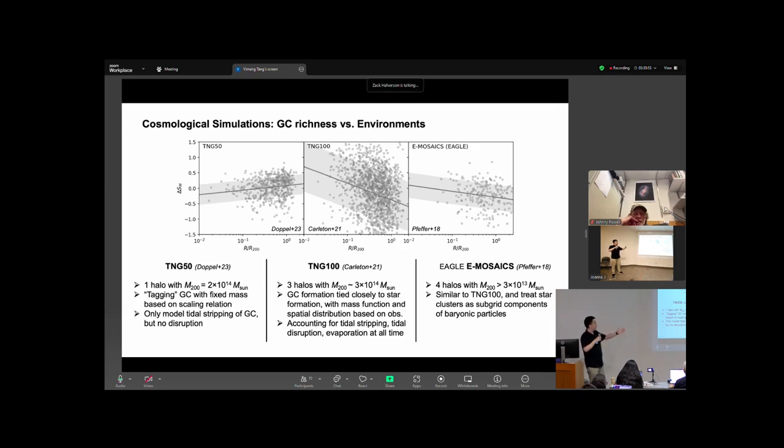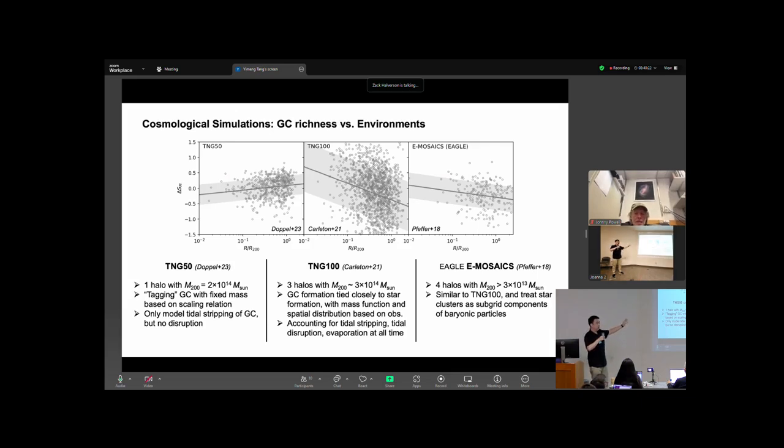The modeling is a little better than TNG100 because they treat the star clusters as subgrid components instead of just very simple particles. If you look at the trend, TNG100 and E-MOSAICS predict a similar trend.